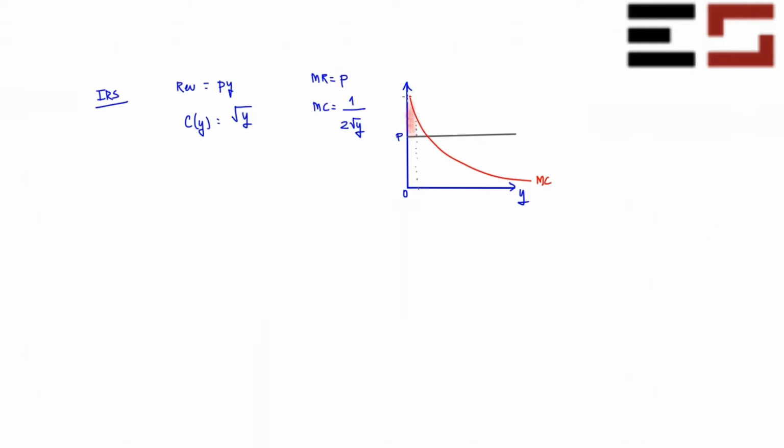So the graph of the marginal cost is above the marginal revenue. So the difference between the total cost and the total revenue is positive. In other words, the difference between the total revenue and the total cost is negative, which means you are making losses. Can you see that, all of you?